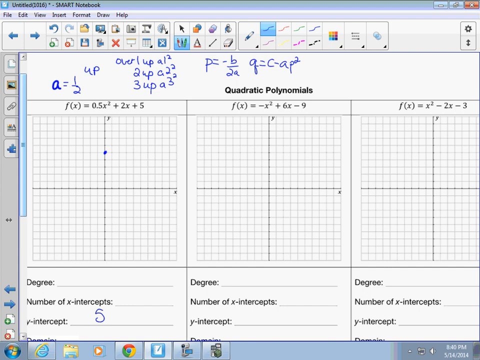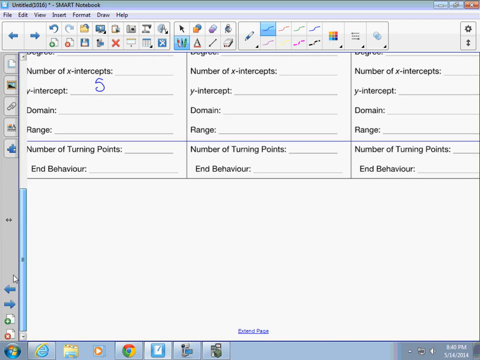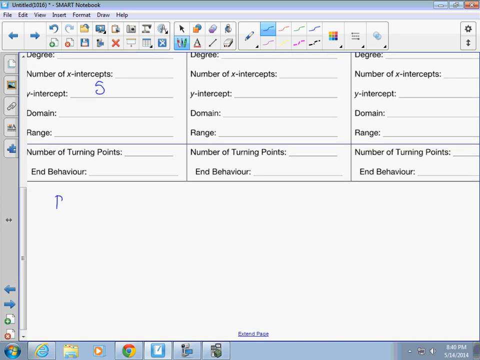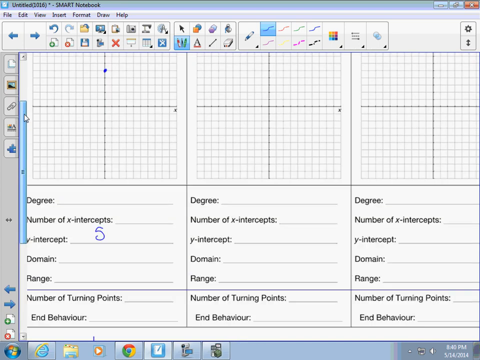So in this case, my P would be negative 2 over 2 times 1/2, so that's just over 1, so my P is equal to negative 2.